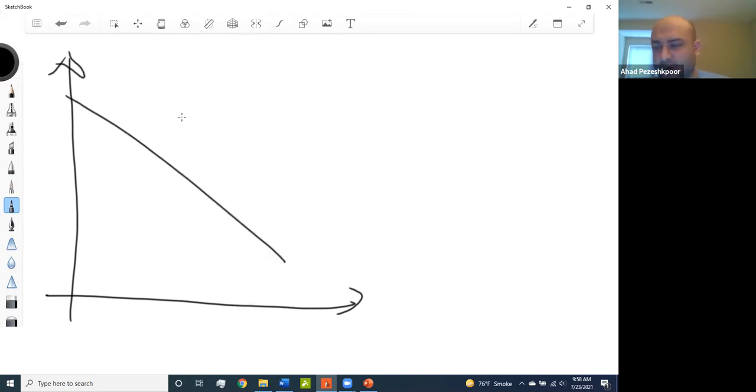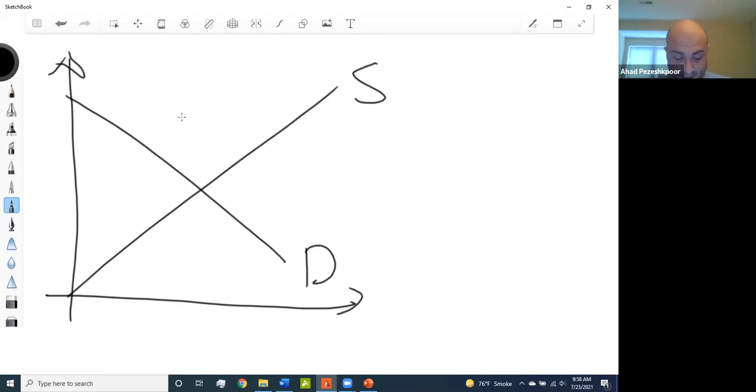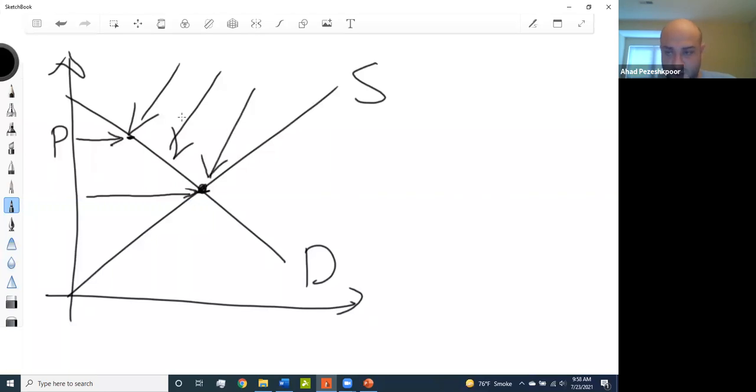Let's say this is the market for shoes. You have a demand curve and a supply curve. Now we say every point on this demand curve represents how much value you assign to something. So if you value something at this point, you're prepared to pay this much money. This would be your price. And this would be the equilibrium price, which is the last person who values the good as this much will buy it. But this market is based on this assumption that we have the money to pay for it.